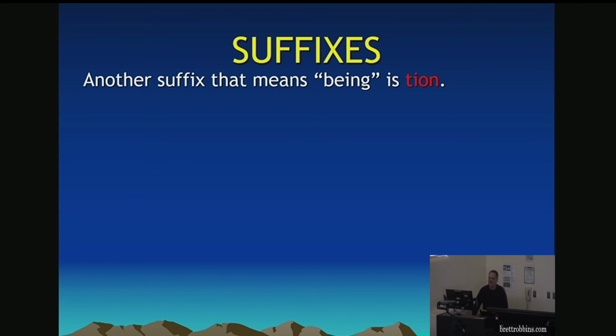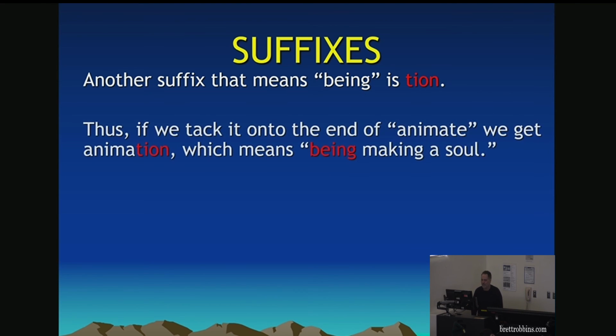There's another one that means being. Now I'm being random right now, just for one more example, and then we're going to get a little more systematic about it. So here's another being suffix. If we want to put the shun or ion, depending on what's going on phonetically, meaning being or state of whatever, onto animate.